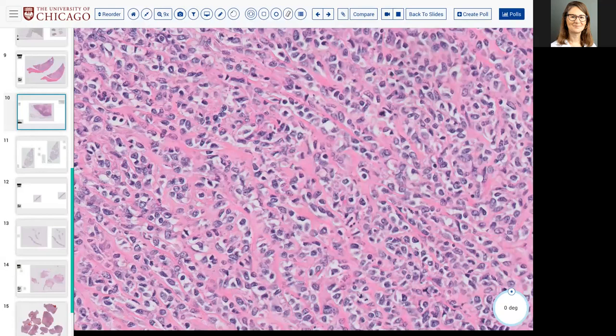What else could you do genetically if you want to confirm that impression? Like FISH, like various FUS-CREB type rearrangements. Exactly. So I'm just going to type it in there.